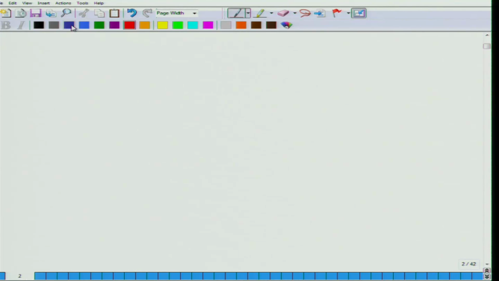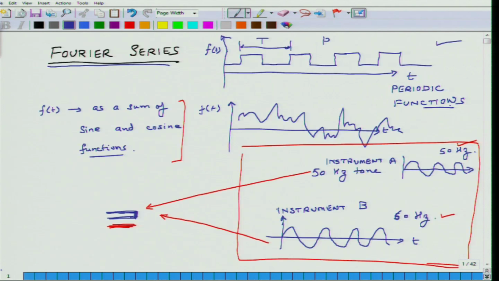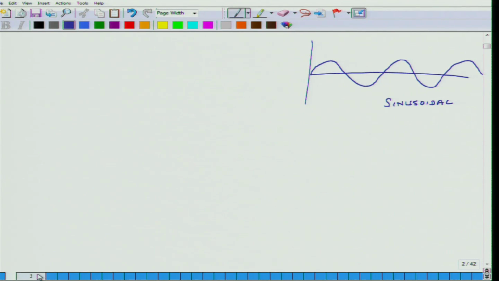So I'll draw another periodic function. This is another periodic function, a sinusoidal function. The one which I had drawn earlier is a square wave type of function. Another periodic function could be something like this.